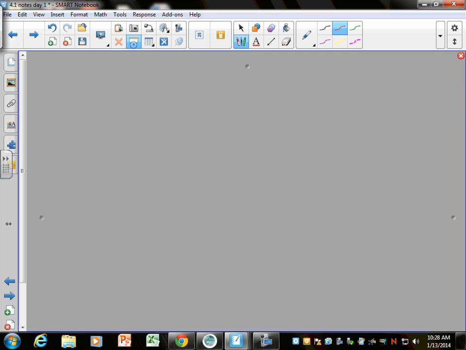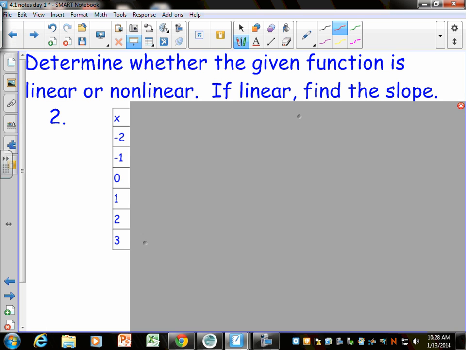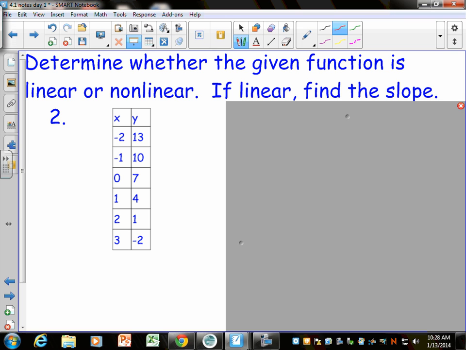It would have been better if I printed this out, huh? So part of your homework today, I'm going to give you some XY charts. You don't really have to write the whole chart if you don't want to. You could just write the first 4 things. I made this many boxes and I didn't know how to delete them, so I just had to fill them all in. They're going to give you these problems and say, determine whether the function is linear or nonlinear.